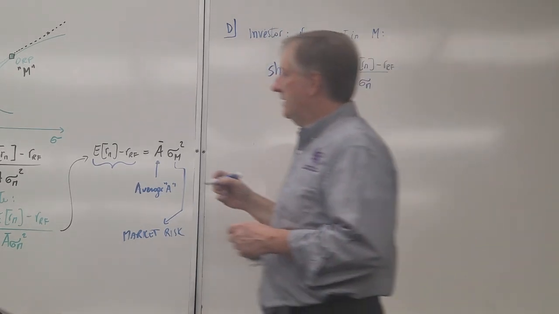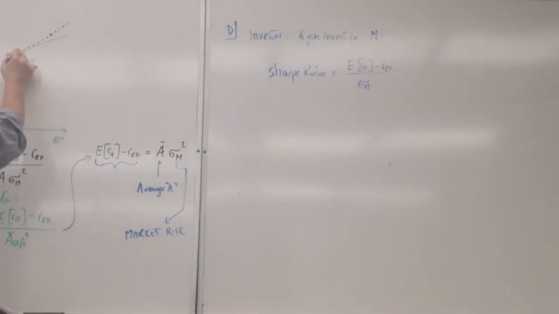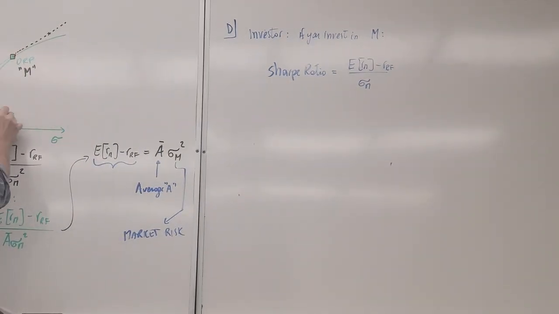Let's see. The Sharpe ratio is the slope of this line. So this quantity right here is the expected return of M minus risk free, and this is sigma M. Do you agree with that? So we maximize that fraction.